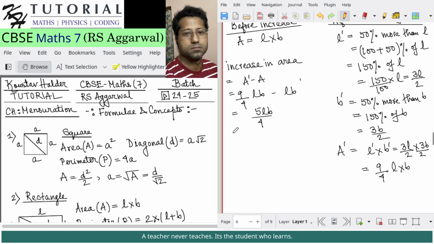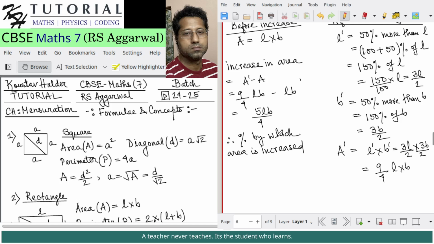Okay. So we have to find by what percent the area has increased. Now the area has increased by 5 LB by 4.